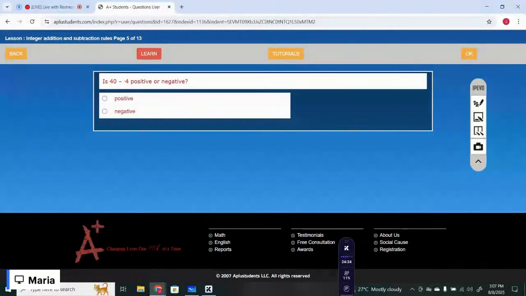Is 40 minus negative 4 positive or negative? Positive it is. Option number 1 is the correct option.